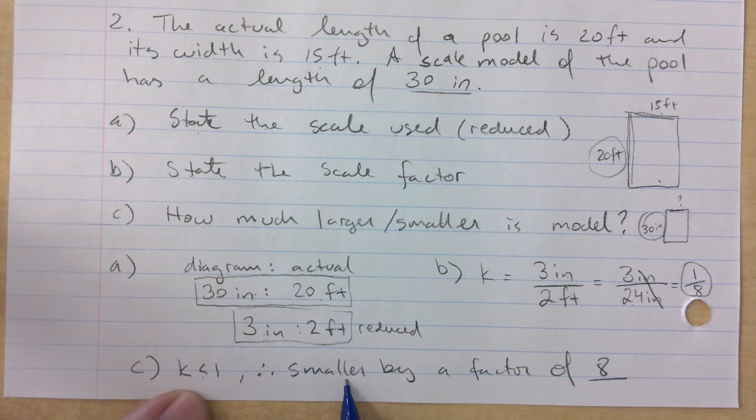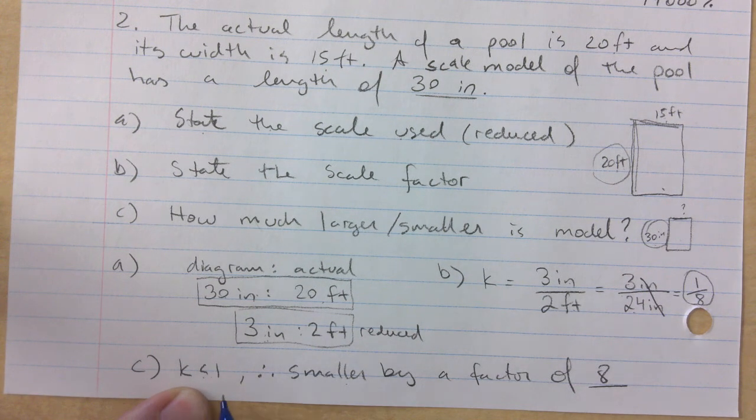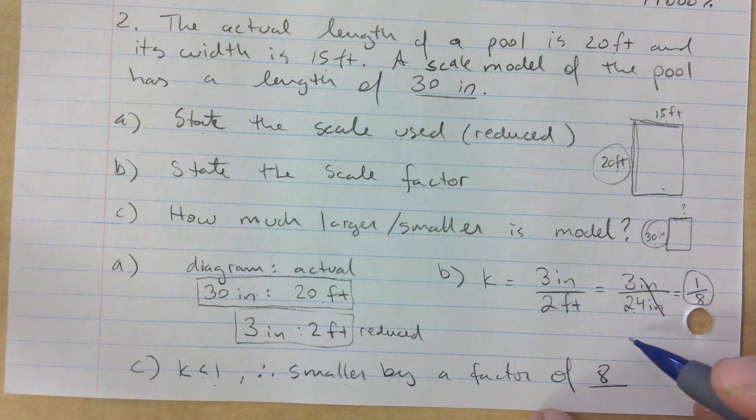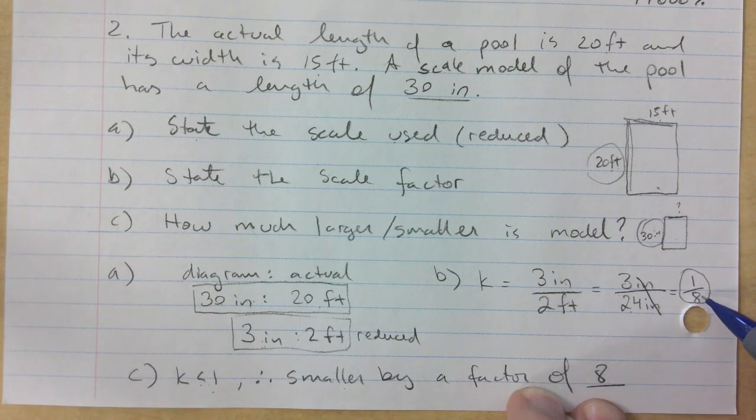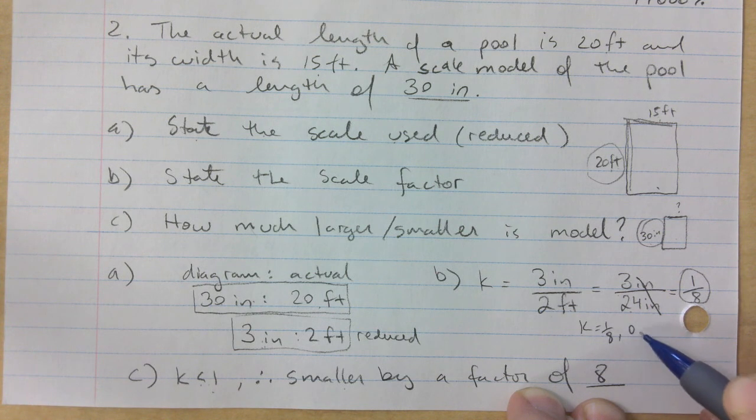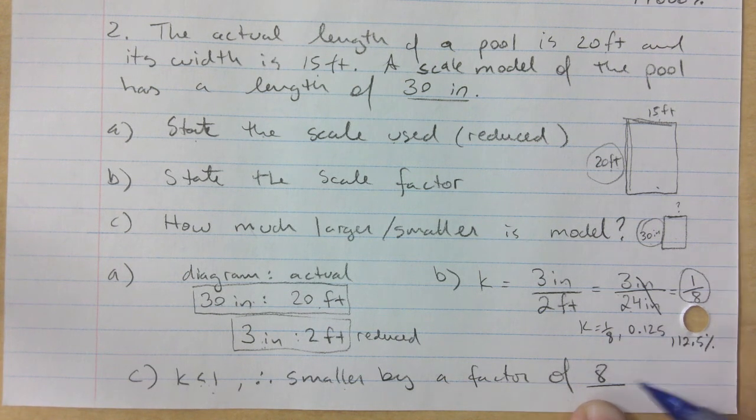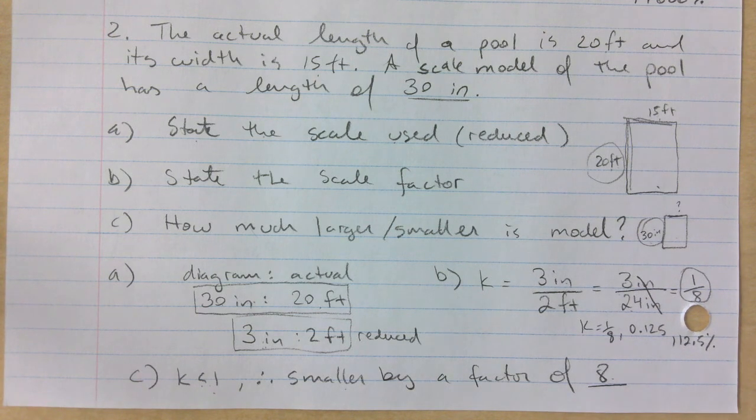We decided that it was smaller. It's a reduction, right? Because K is less than 1. And that's what you get there. Let's just put down here as a fraction that K is 1 over 8, which is also 0.125, which is also 12.5%. So any one of these three could have been used here to answer C. Okay.